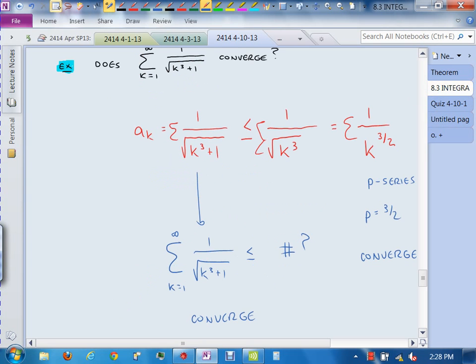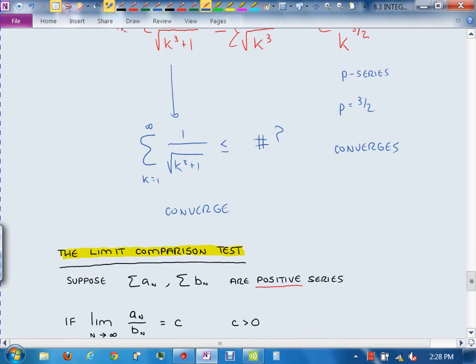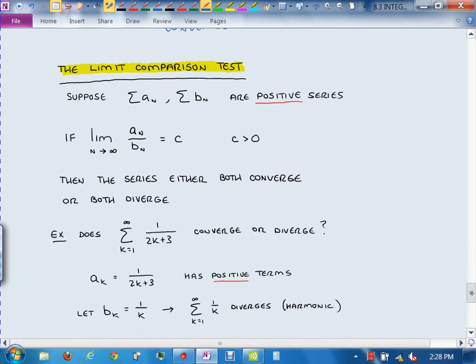Okay, we are on the last topic of the day. It's called the limit comparison test. The limit comparison test says this. Let's say you have two positive series again. Just like the previous comparison test, we need to start with two positive series.